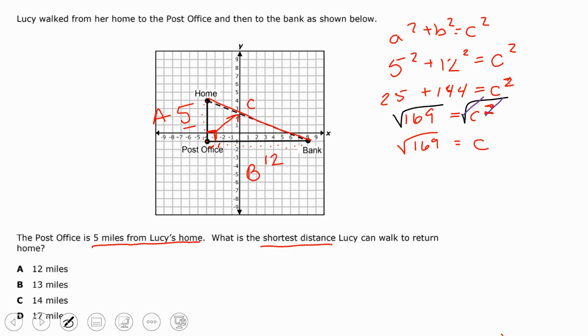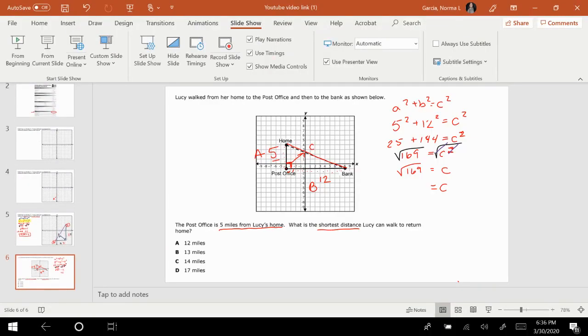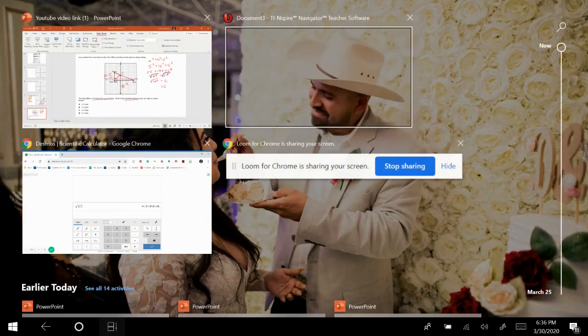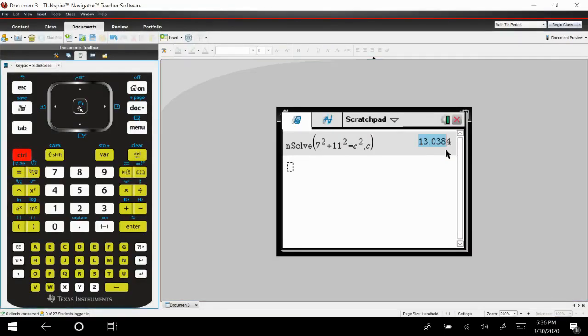But I don't see that in my answer choices down here. So that means that they went ahead and they simplified this in their calculator. And when I take the square root of 169, let's find that. The square root of 169.